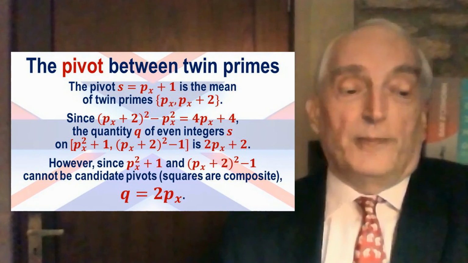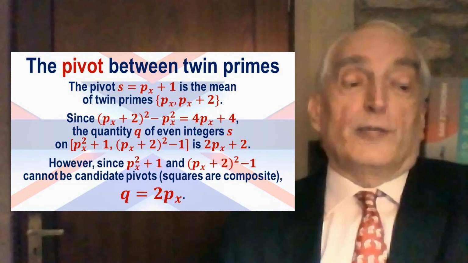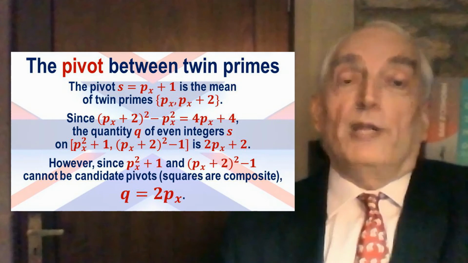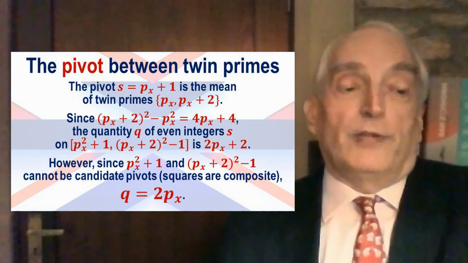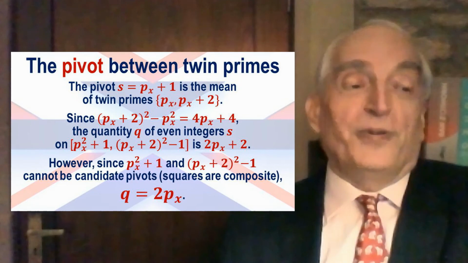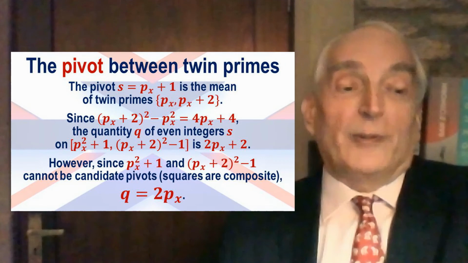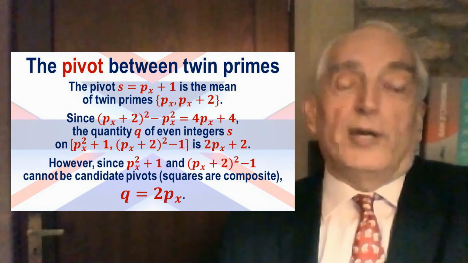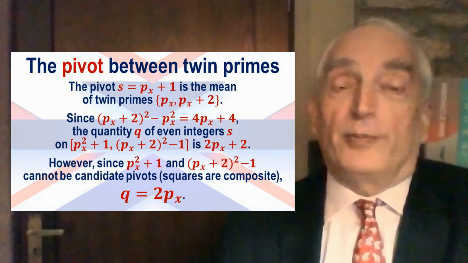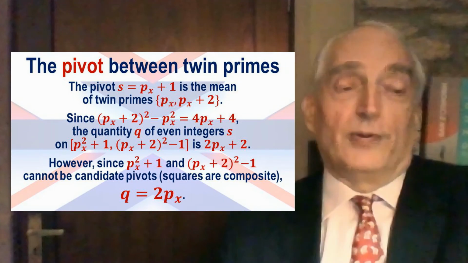However, since Px squared plus 1 and (Px plus 2) all squared minus 1 cannot themselves be candidate pivots, because if they were, they would be next door to squares, and squares are not primes, then q in fact equals simply 2Px, and that's very useful because it means no more of those tiresome floor functions to account for.